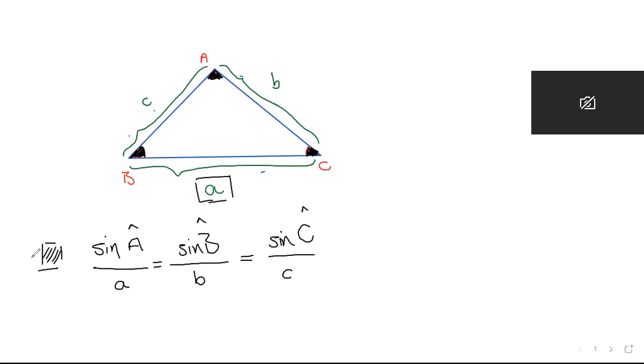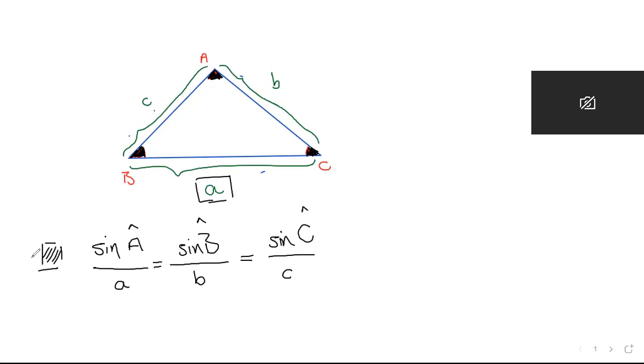It means that if you get also the length in front of each angle, for example, the angle A is facing this length, and I call this length small a. Between B and C, the length is a centimeters. And the length AC, which is faced by the angle B, is called small b. For example, the length AC can be 2 centimeters.